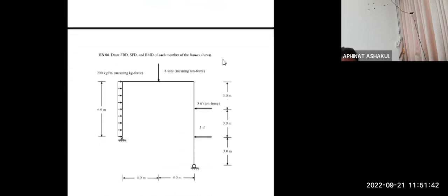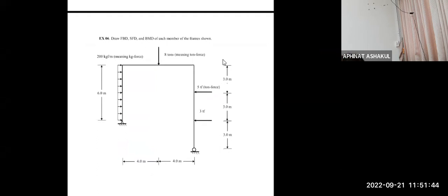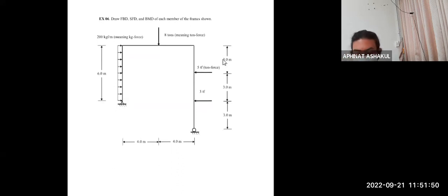All right. It's getting more fun. Okay. So this one is going to be a little bit more challenging because now you see the horizontal force is not at the same level. Got to be careful.